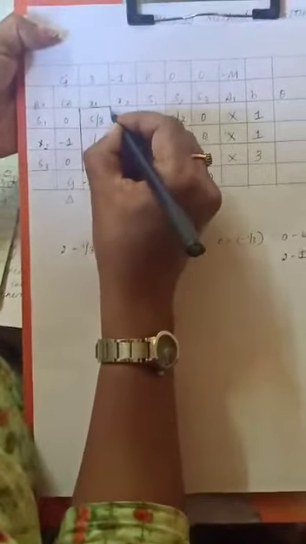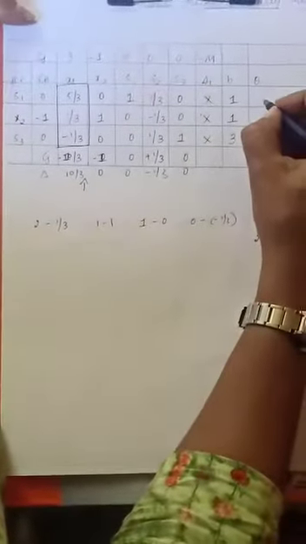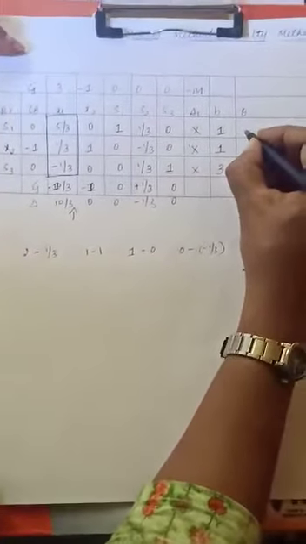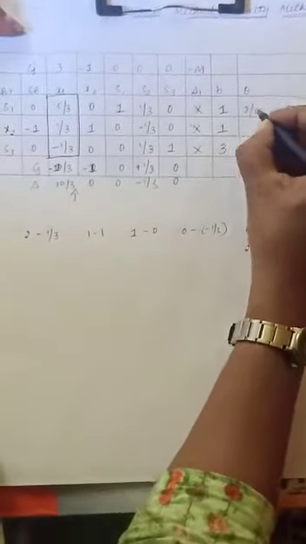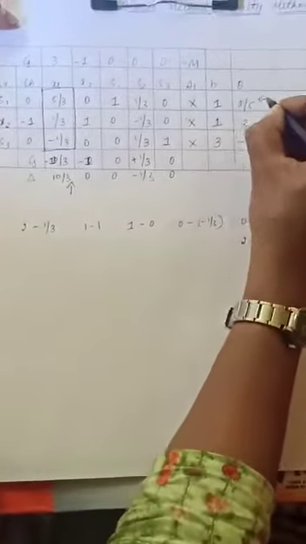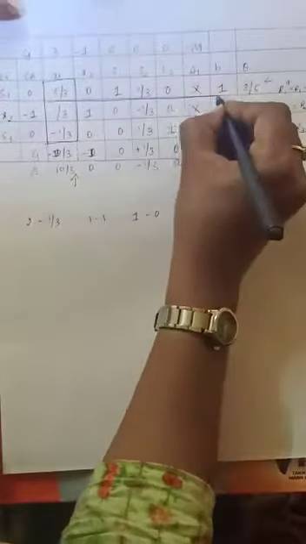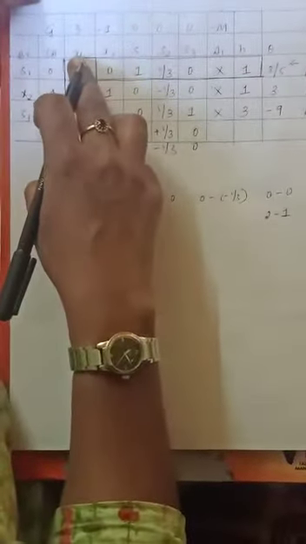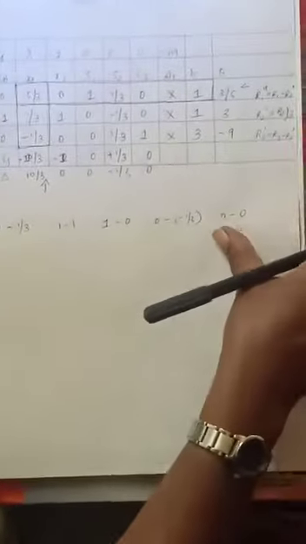So similarly I follow the same procedure and mark this as the key column, and the key row values are 3 by 5, 3 and minus 9. Among these, the most positive is this one, so I mark this row as the key row. In my next iteration, I will have x1 as the entering variable in place of s1.